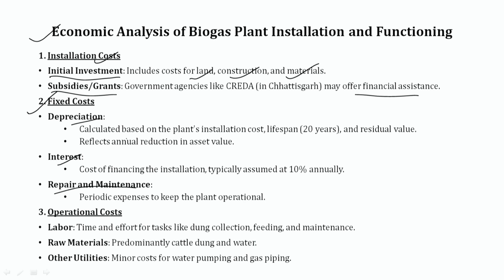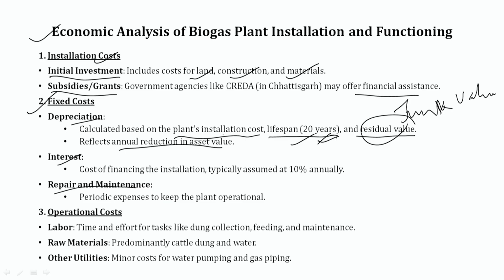Depreciation, what is this? This is the calculation based on the plant installation cost and the lifespan, which is assumed here as 20 years, and the residual value, which means the junk value. This residual value is the junk value, meaning after that 20-year period, what will be the total value of the installed biogas plant. So the depreciation reflects the annual reduction in the asset value.